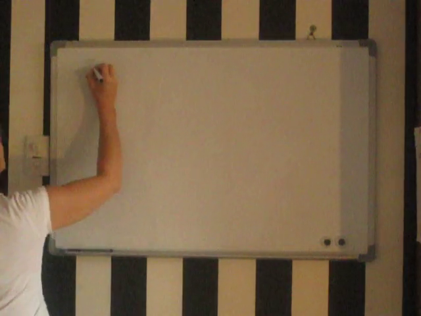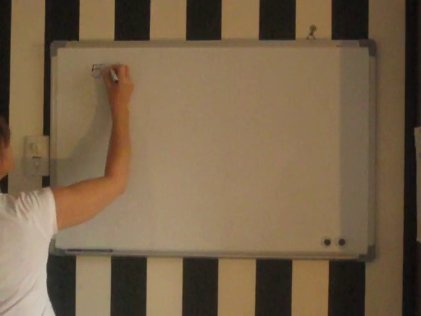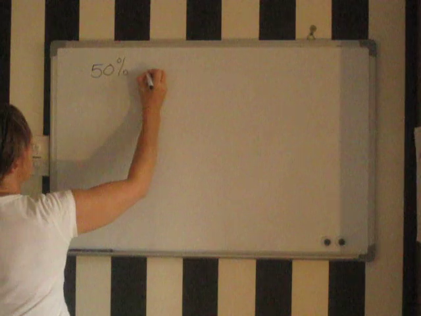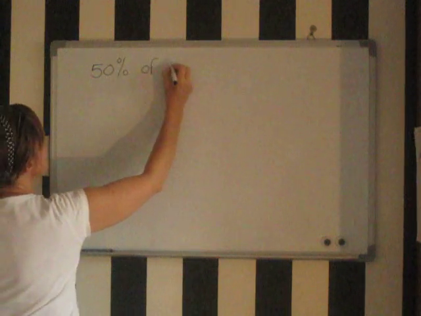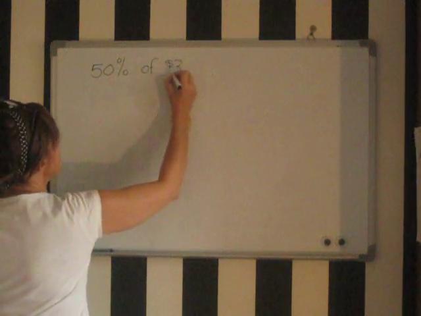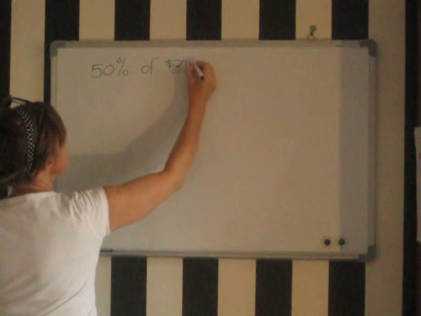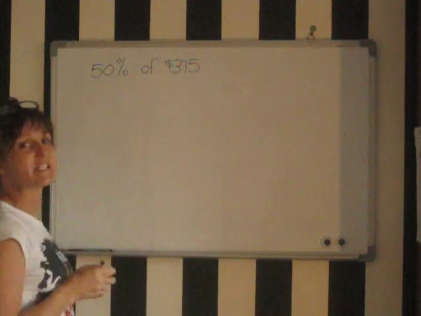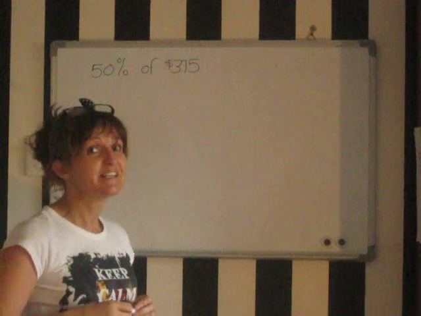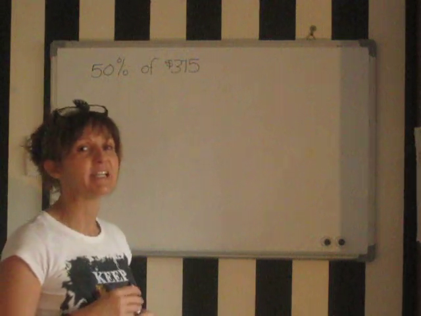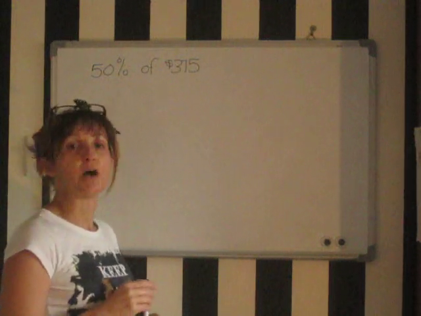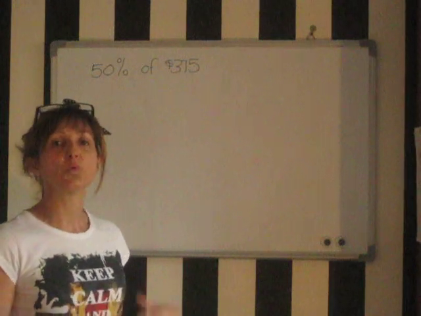So today we're figuring out 50% of $375. When we hear the word percent, we hear that suffix cent that we've also been talking about in centimetre. Anything to do with cent means 100.